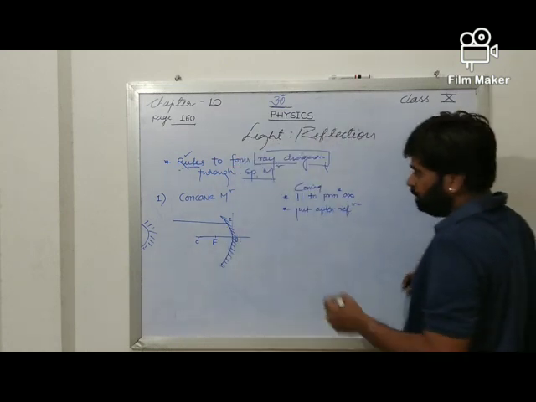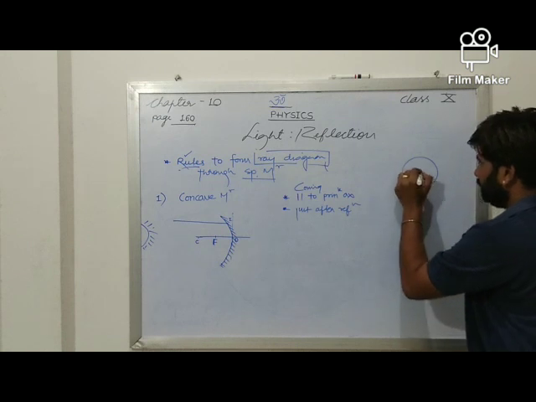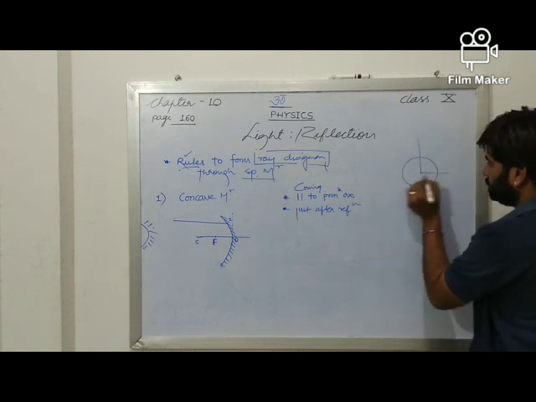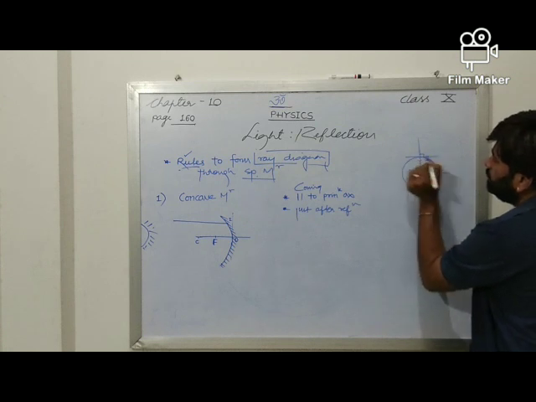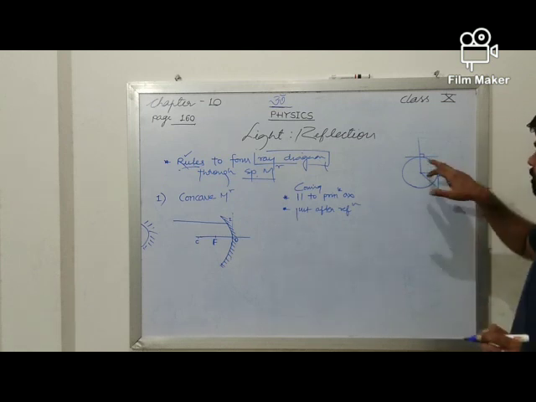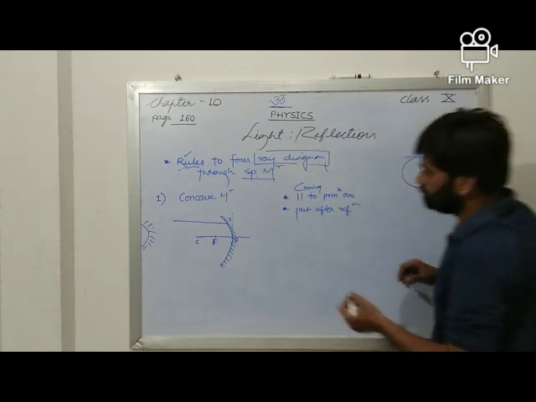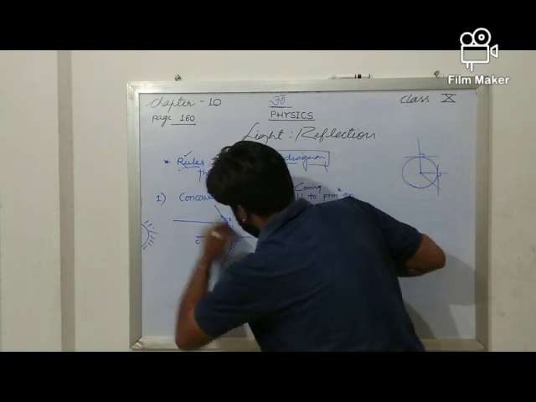We know that in any sphere, if you draw a line from the center to the circumference, that will be normal to the tangent. You have already seen this in your mathematics. So here also, if I draw a tangent, it will be like this.